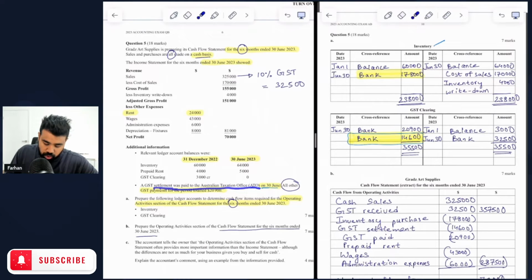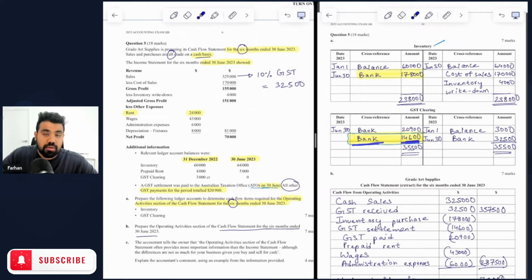You can see that we are given two lines for GST, and these two lines refer to two different transactions. One refers to a GST payment of 20,900, and the other refers to the settlement. The settlement is the net amount that we owe to the ATO that we have to pay eventually for the period ending 30 June 2023, and in this case that is 14,600 as the missing figure.